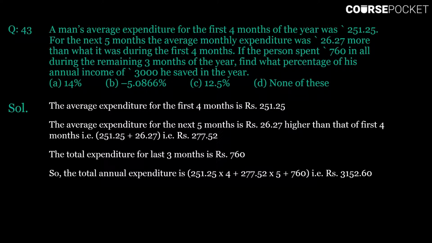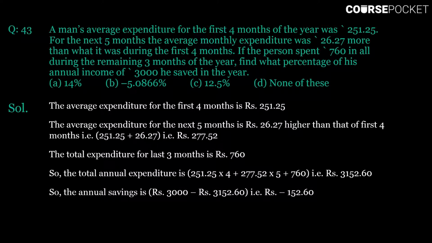So the total annual expenditure is 251.25 multiplied by 4, the expenditure of the first 4 months, plus 277.52 multiplied by 5, the expenditure for the next 5 months, plus 760 for the last 3 months, which is equal to rupees 3152.60.